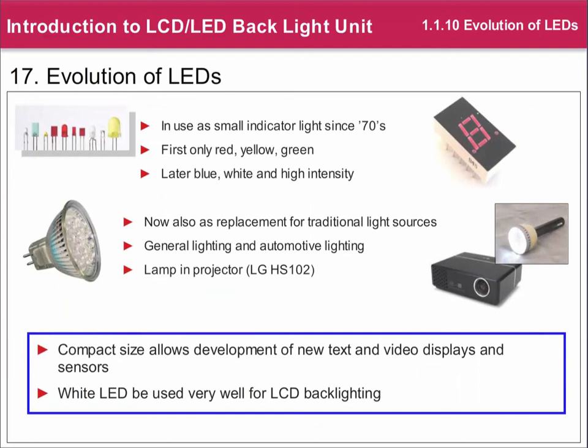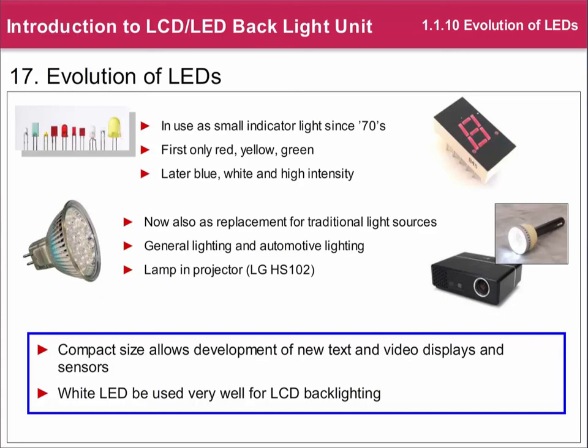The LED has been around for some time now. Decades ago, it became commercially available as a tiny glowing spot of red light, later also green and yellow light. It took some time before we were able to produce blue LEDs also.